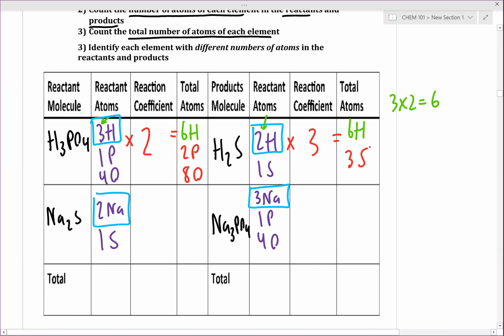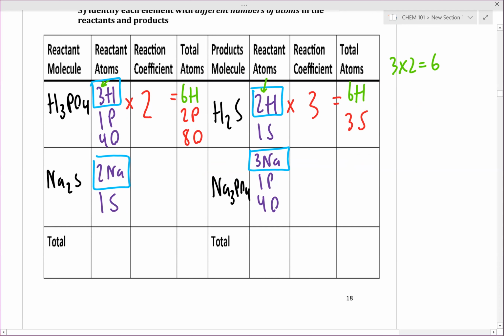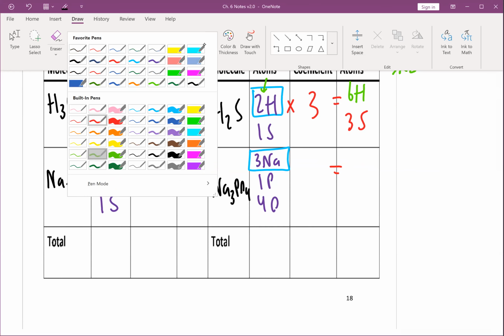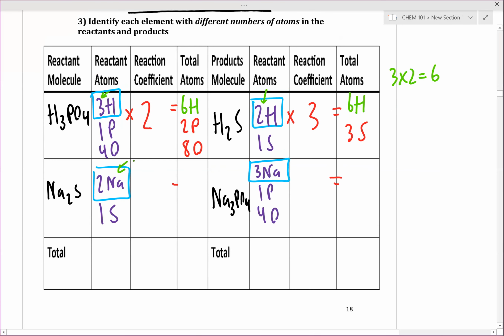Okay, let's try the least common multiple method again. This is a typical ionic equation. So for sodium, what is the least common multiple between 2 and 3? Wow, it sounds like I'm repeating something. Did we already find this least common multiple? What's the least common multiple? 6, exactly.